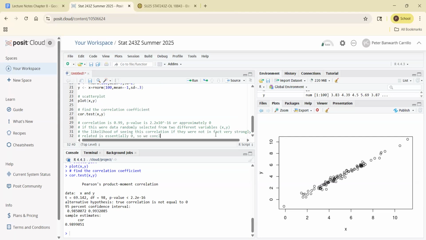So we conclude that they are in fact strongly related.